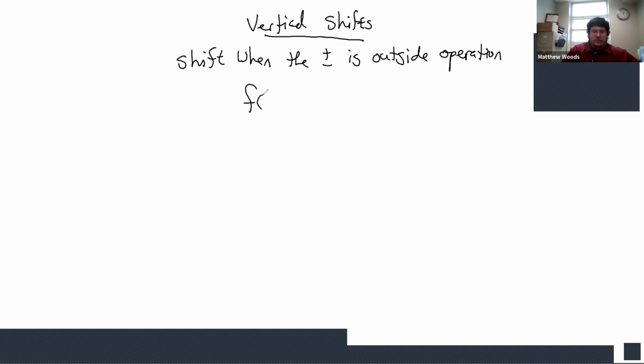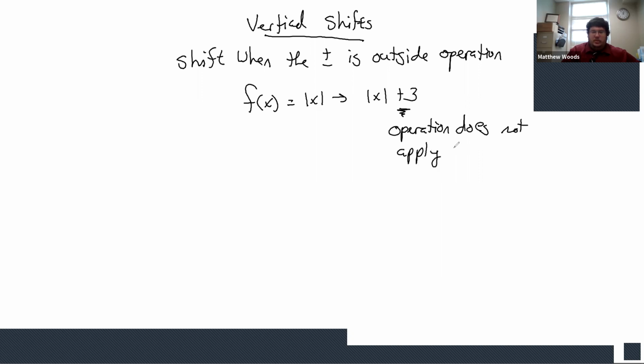So for example, if we go back to our absolute value function, going to absolute value of x plus 3. So you see here how the plus is not being affected by the operation, the operation does not apply to the plus minus.